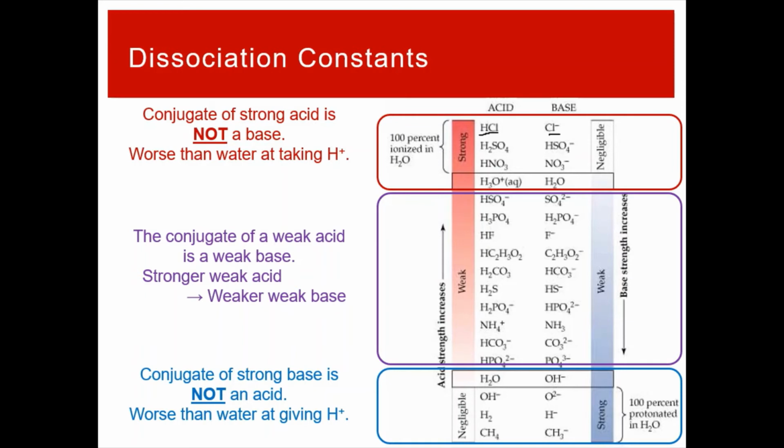So in that middle ground where you have weak, the conjugate of a weak acid is a weak base. So that's where you have the pair when they're both weak at the same time. So you'd have, say, a weak acid, and its conjugate is also a weak base. But a stronger weak acid, for example H3PO4, has a weaker weak base.